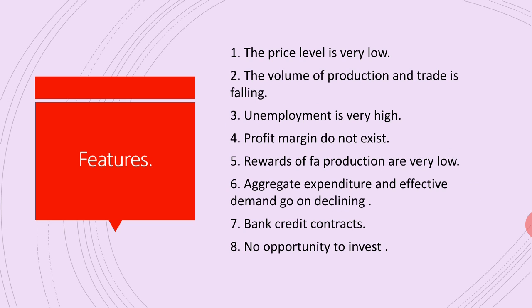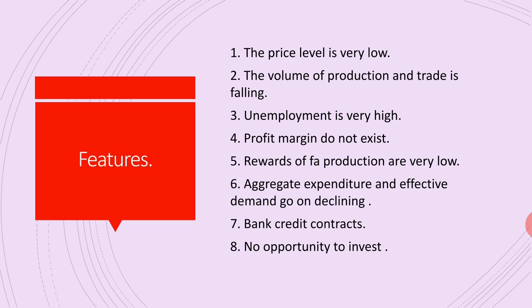When there is no profit margin, rewards for factors of production are very low: rent is less, wages are low, interest is very low, and there is no profit. Automatically, aggregate expenditure of the economy is also declining.